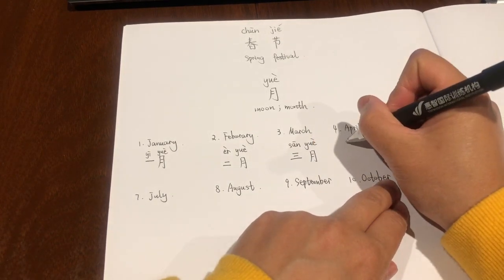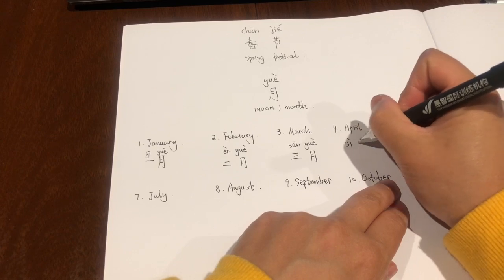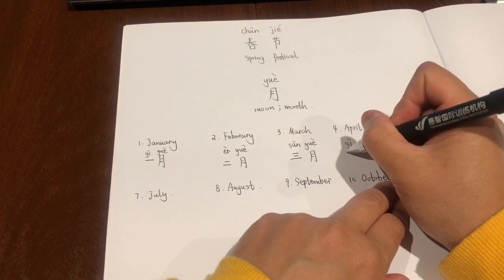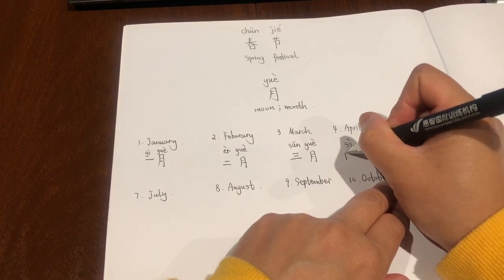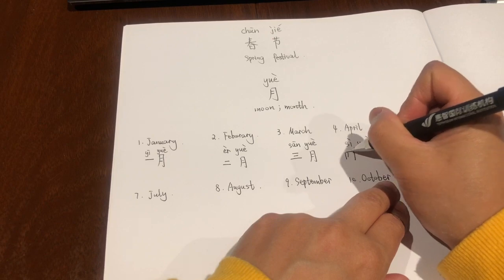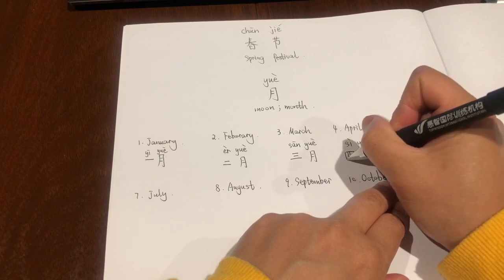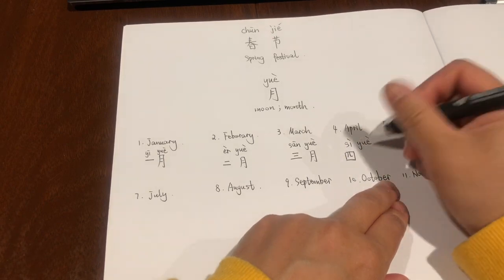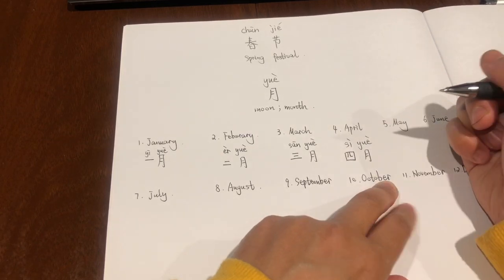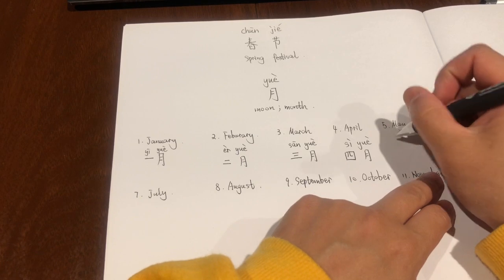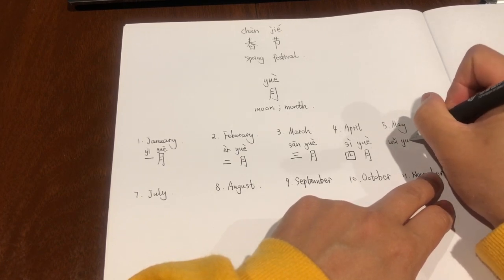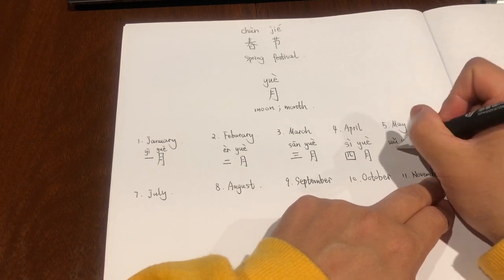April, 4月. 4. Vertical stroke, turning stroke, down stroke to the left, turning stroke, close the window, and then 月 again. And then May, 5月. 5.